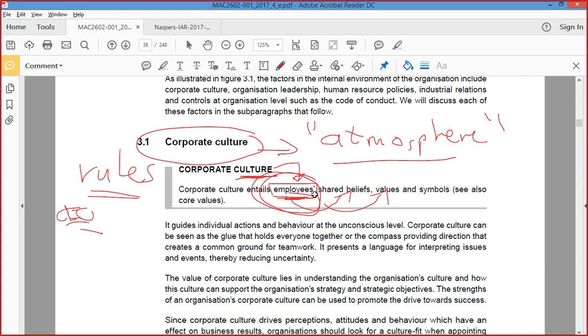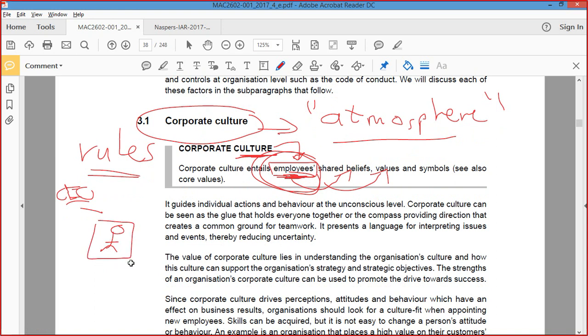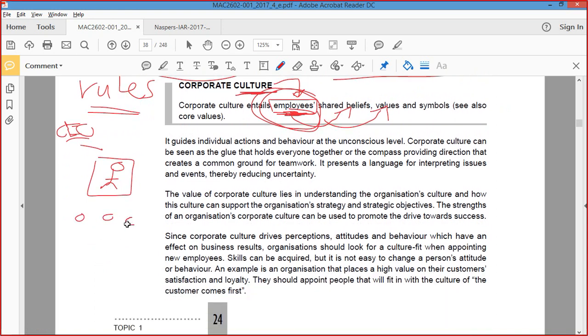So you can tell people to greet everyone all the time, and they might just be doing it because they're pleasing the boss, pleasing the CEO, but it might not be a culture of the business. Versus a separate industry where everyone is just friendly, greeting, talking, all of that. It's more the employees who drive the culture of the business. You can have one CEO who wants to do things a certain way, and you're going to have 1, 2, 3, 4, 5, 6, 7, 8, 9, 10 employees.